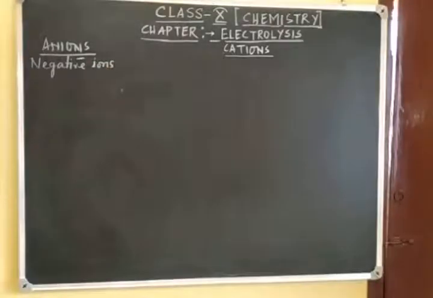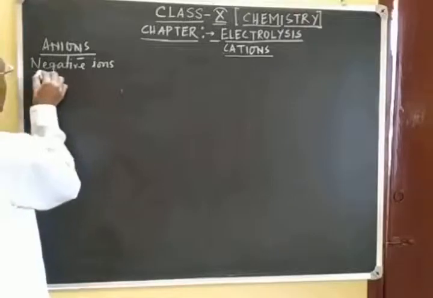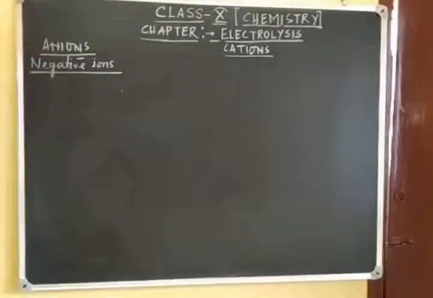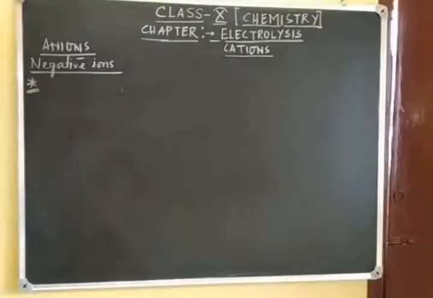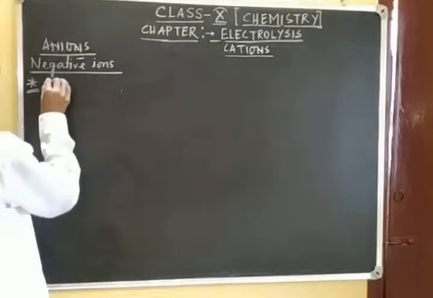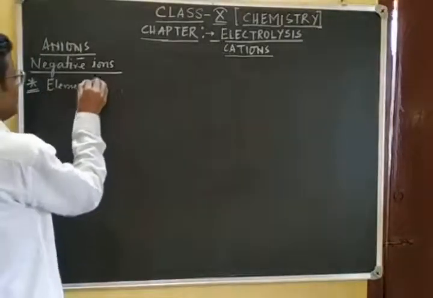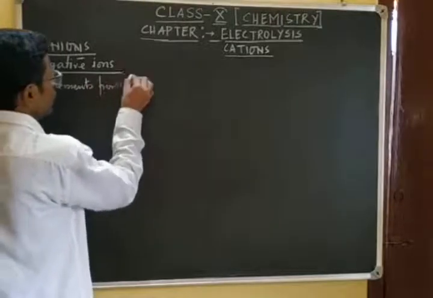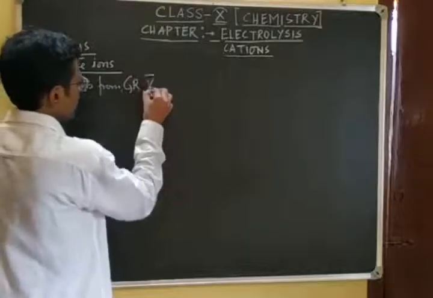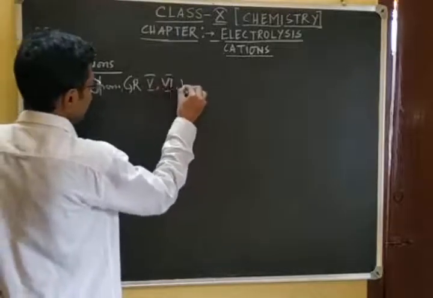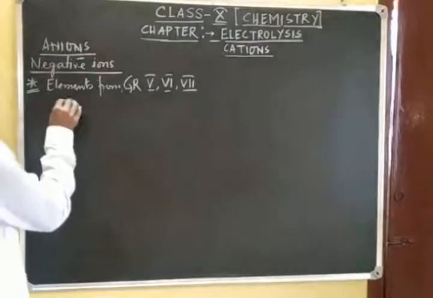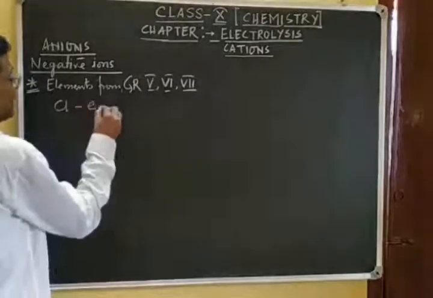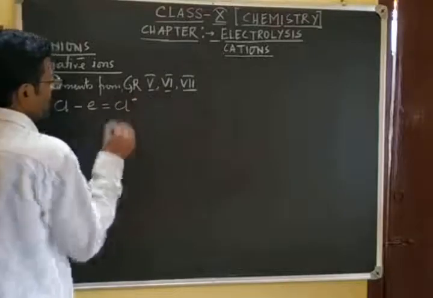Who forms negative ions? The elements which are there in groups 5, 6 and 7. Remember, this is for your conceptual knowledge or any question which comes from outside. So elements from groups 5, 6 and 7 are the elements which frequently form anions. So I am giving a few examples of it. Say chlorine always gains one electron to form Cl minus.